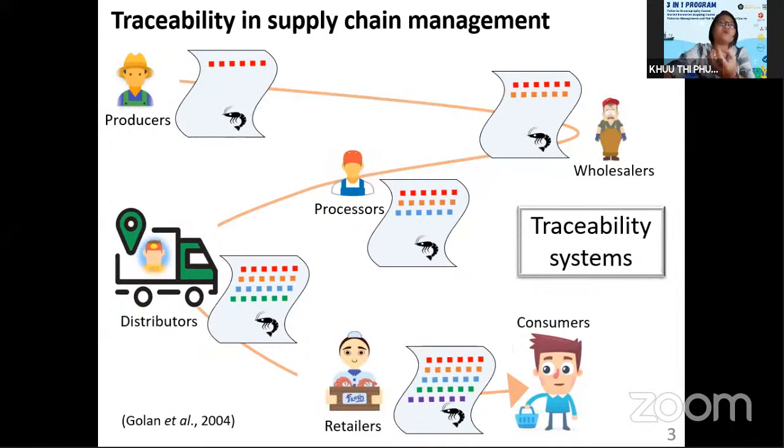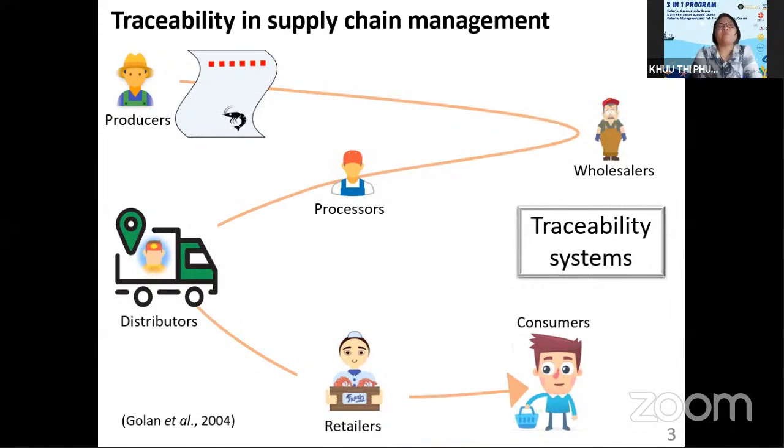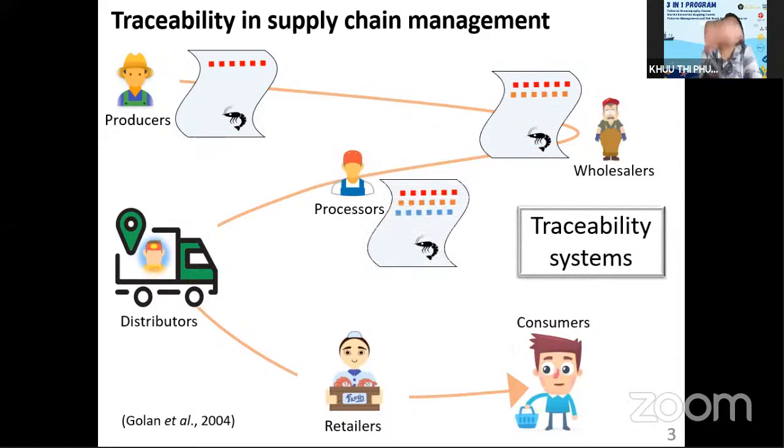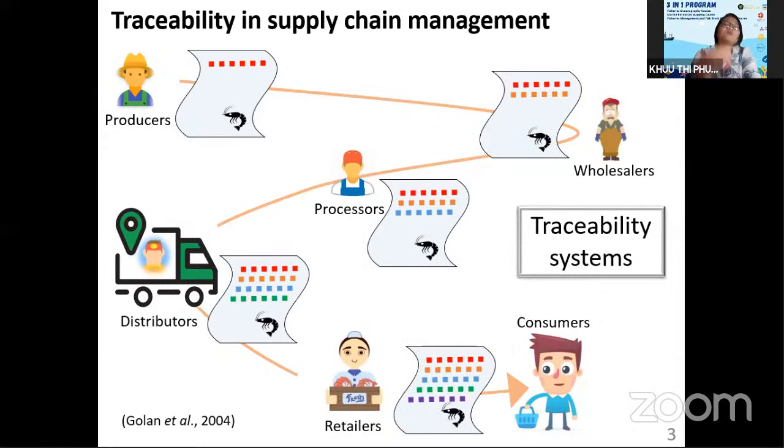The principle is recording, keeping, and sharing information along the supply chain agents, from producers to middlemen, to wholesalers, to processors, to distributors, to retailers, and to final consumers.